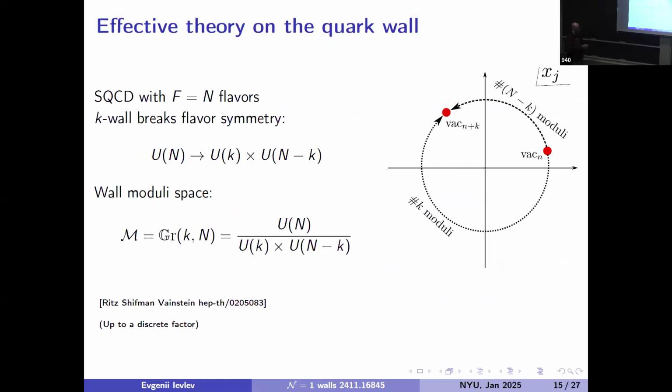Okay, I will mention briefly this result. Now that we derived the domain wall multiplicity, we can try to check this formula, and on the way get some new results. We want to study the effective theory on the domain wall. In principle, if you know the effective theory on the domain wall, then it has a certain number of vacua, ground states, and the number of these ground states should match precisely the number of domain walls that you have counted from the bulk perspective.